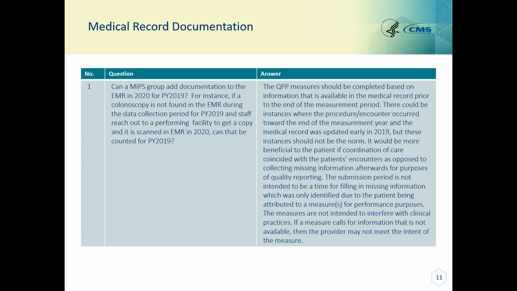So this might be a case where we would actually encourage you to submit your question to qpp@cms.hhs.gov just so we can take a little bit closer look at it, because it may depend on when that remission occurred, if it was after that index date or prior to. So we might need to take a closer look at your question here. Okay, thank you.